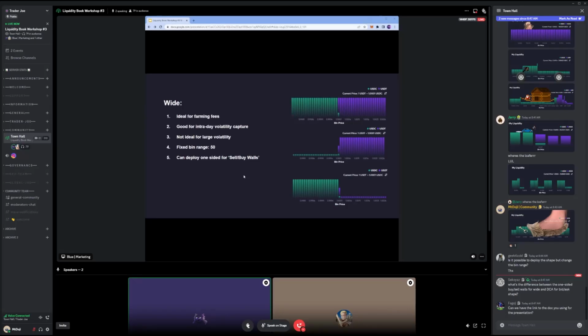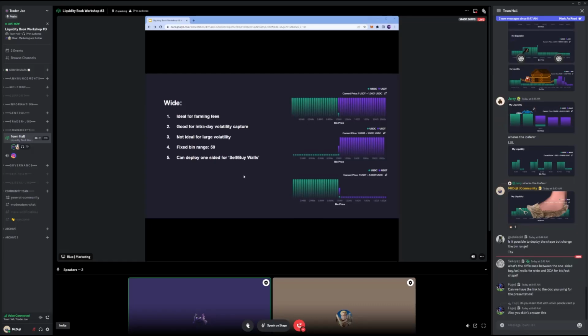You're doing your own TA, or you're looking at sentiment across a certain token, and you may want to deploy a sell or a buy wall, where you're trying to sell one token or buy the other around your predefined price range, where you're marking support or resistance. So with Wide, you do have that level of customization, like the other preset shapes, just by entering a different ratio of tokens. It doesn't always have to be a 50-50 split of tokens.